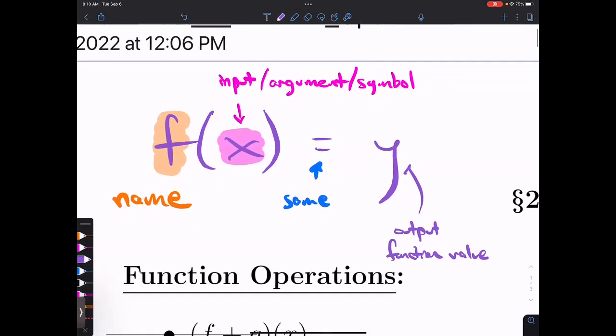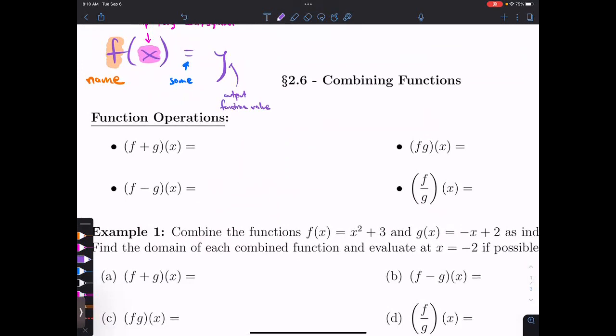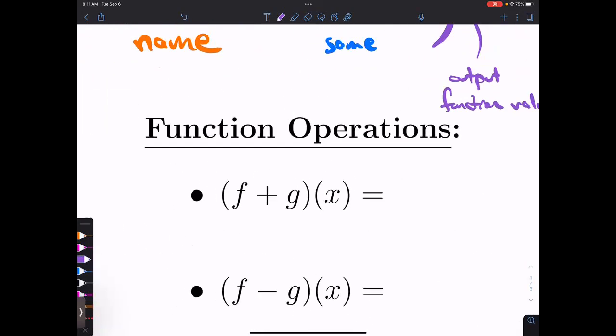Okay, so with that reminder in mind, we've got these 4 function operations where we maybe have a function f and we have a function g, and what we're defining are f plus g, and f minus g, and f times g, and f divided by g. So just thinking about this notationally, if I've got a function f and another function g written in terms of x, what do you think?